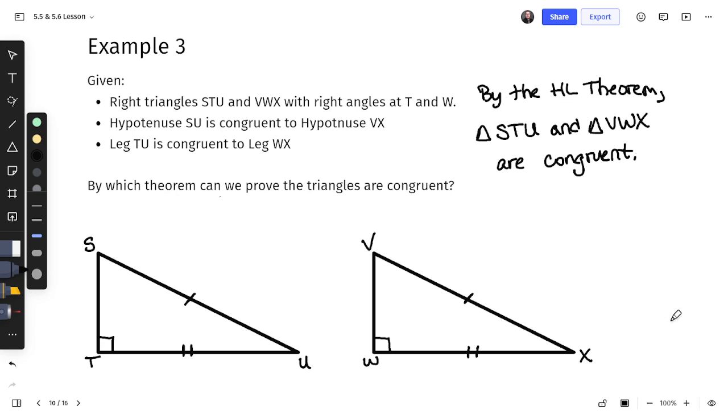I want to make a note here that it's very important that you list those vertices in the correct order, because the order in which you list them corresponds with what parts of the triangle are congruent to each other. Angle S is congruent to angle V, so they need to be the first vertices listed whenever you name those triangles.